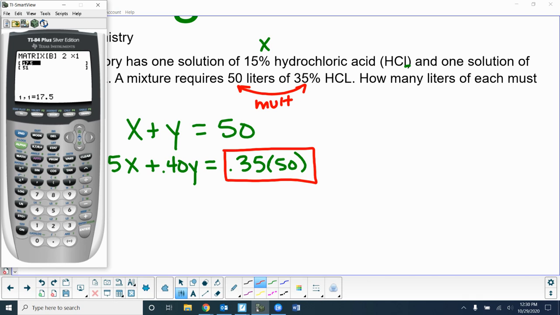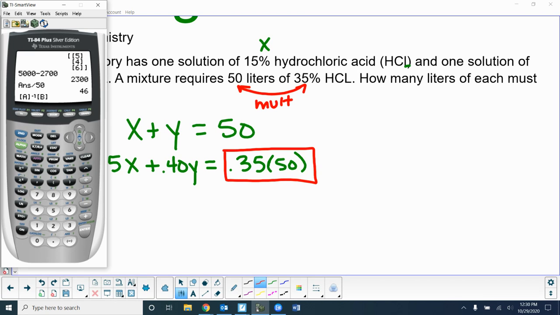All right, so 50 and then 0.35 times 50, which is 17.5. So get out of there and then second enter. There it is. I had to do it 3 times for it to come back. You guys see that?